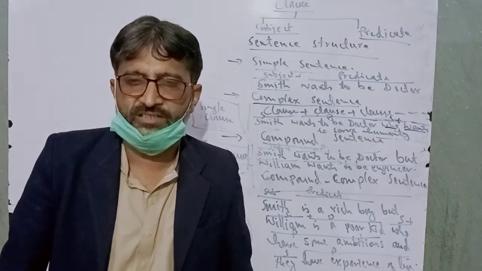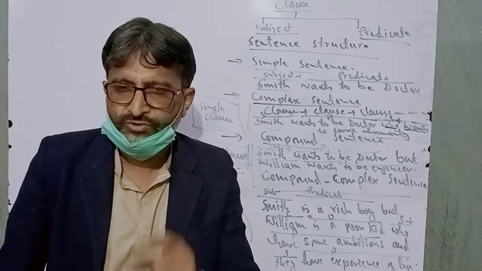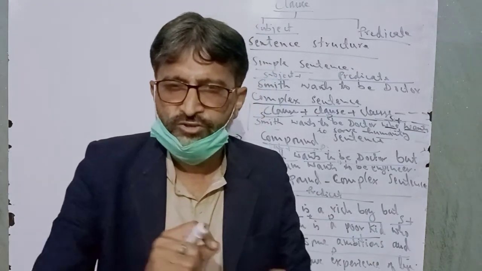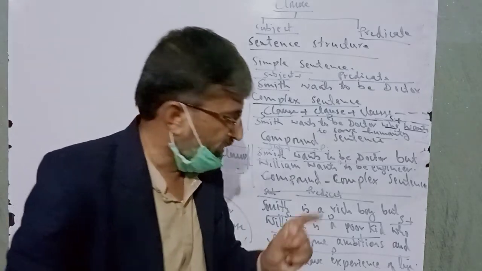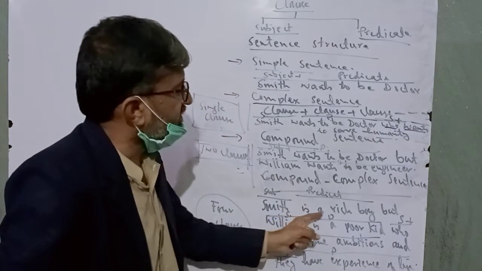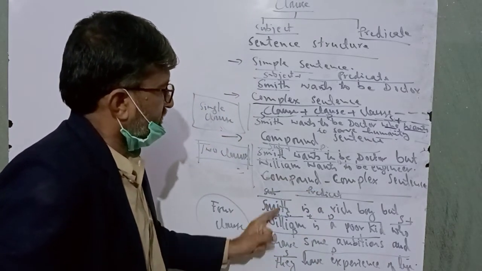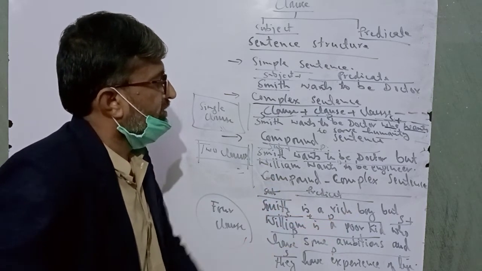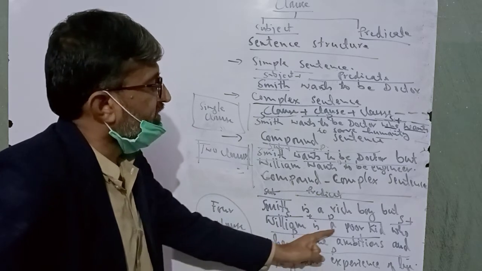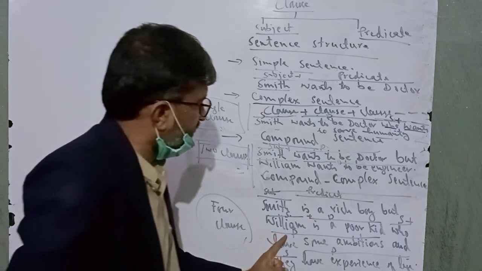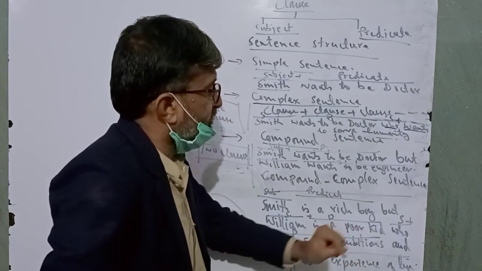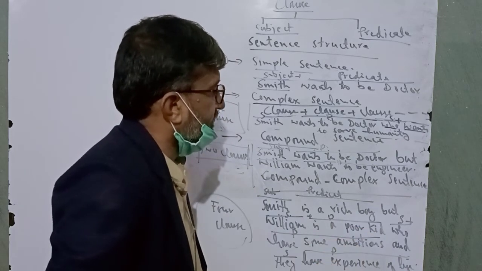It is very interesting for understanding you students, that you can understand how it is going to be composed here. So let us see, please. Sint is a rich boy. Here Sint is simple subject, "is a rich boy" is predicate. But William is a poor boy. Here William is subject, and "is a poor boy" is predicate.